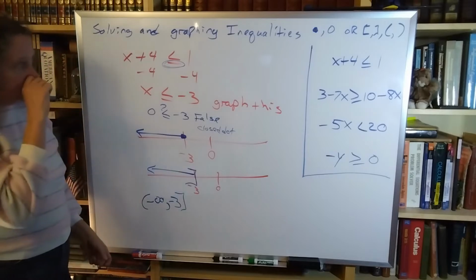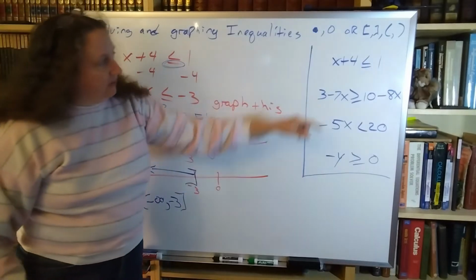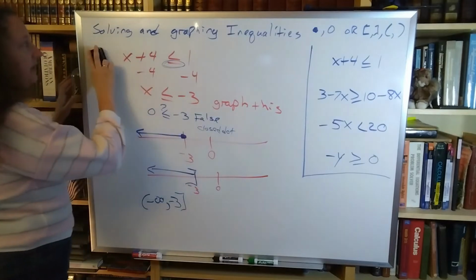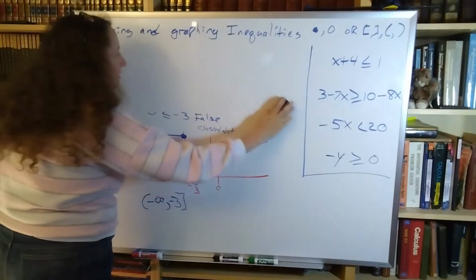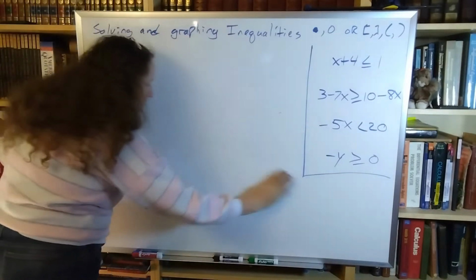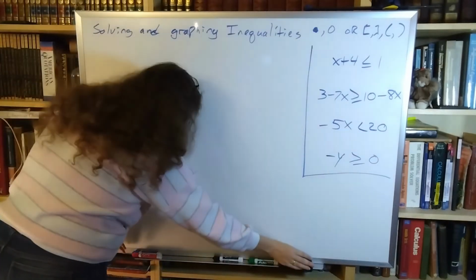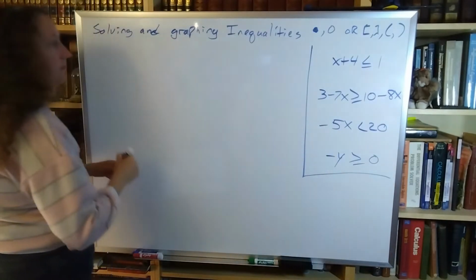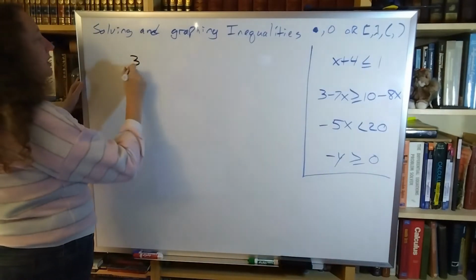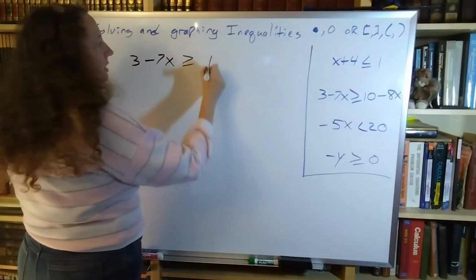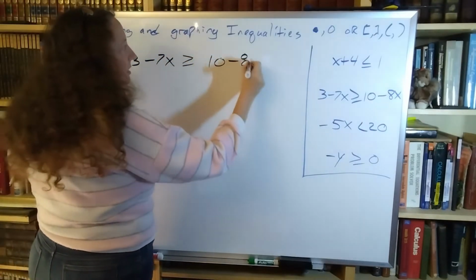Next problem. 3 minus 7x is greater than or equal to 10 minus 8x. So solving it, 3 minus 7x is greater than or equal to 10 minus 8x.